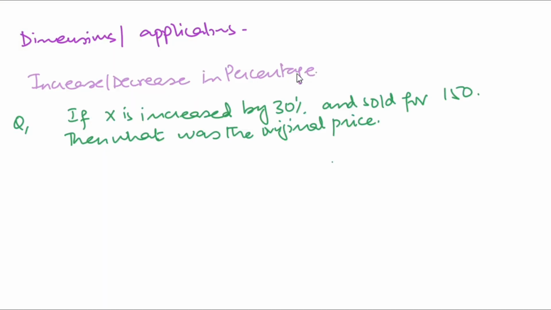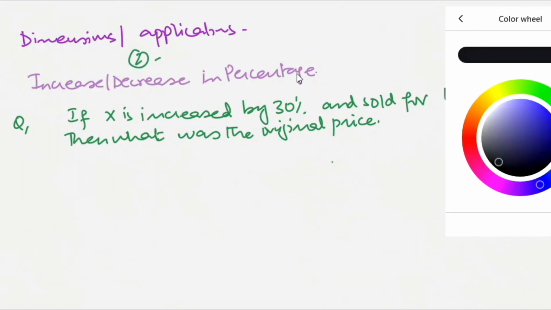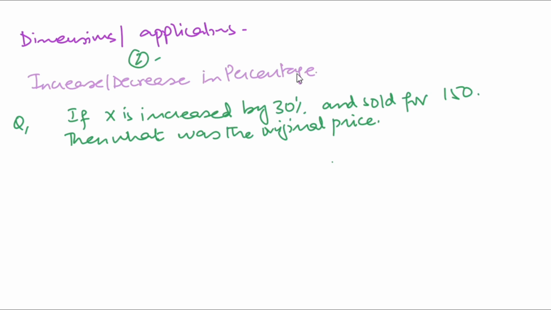Now the percentage increase and decrease is the second stage. If x is increased by 30% and sold for 150, this is like a selling price, cost price scenario, which we will be covering later on.